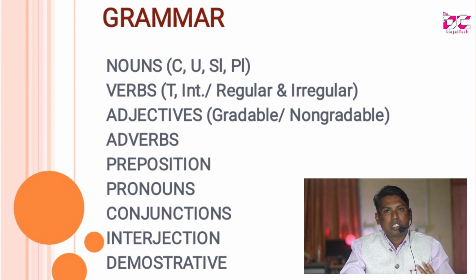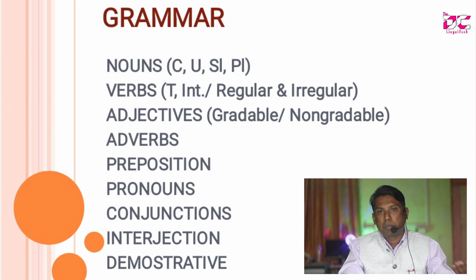But uncountable nouns are the nouns which cannot be counted as 1, 2, 3 because they are liquids or micronutrients, like water, milk, oil. That is an uncountable noun. We cannot say a water, we cannot say 2 waters, but we can say a liter of water, or a liter of milk, a liter of oil.